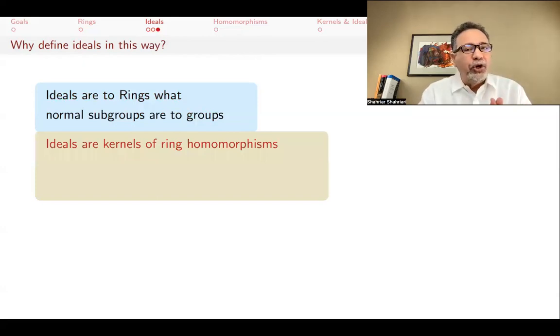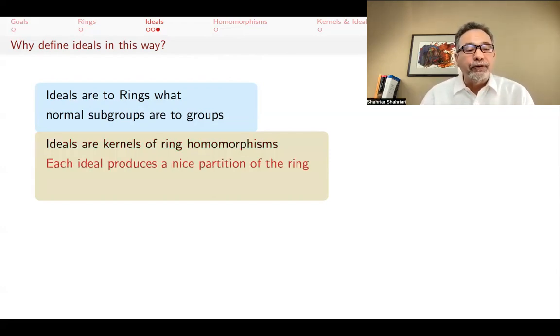In another video, I talked about ring homomorphisms, and I discussed kernels of ring homomorphisms, those elements that go to zero, and explained that those are ideals. In fact, ideals are defined as the subrings that can be the kernels of ring homomorphisms. So that's one thing that ideals do: they end up being kernels of ring homomorphisms. Again, I have another video for that purpose. Each ideal also produces a nice partition of the ring, and I will describe that in a second.